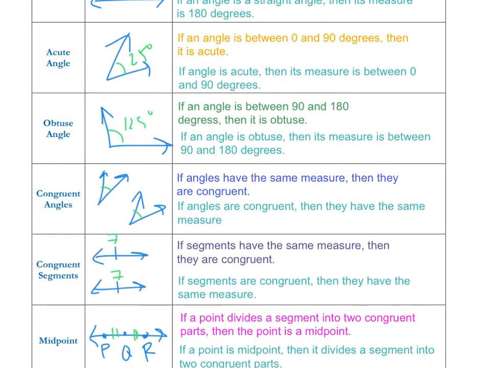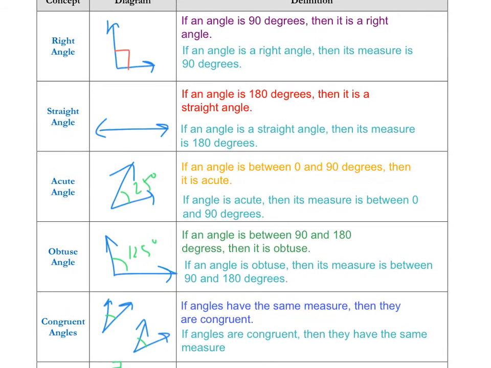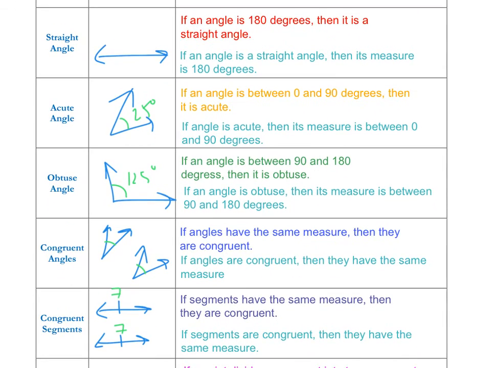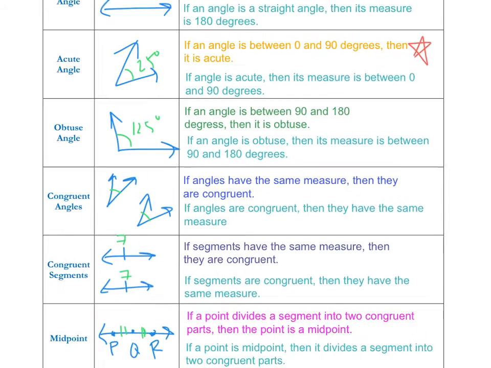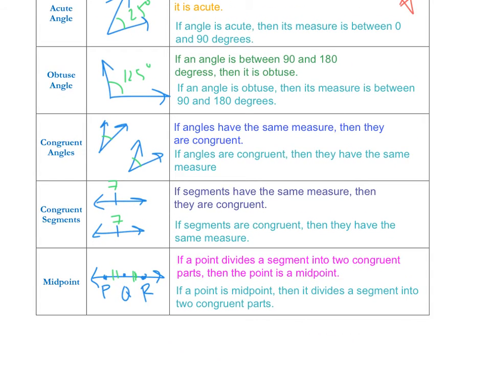If you go back to here, is there a definition that we can use knowing that an angle is 70 degrees? Can we prove that it's acute? Well, we can. If we go to this statement right here, if an angle is between 0 and 90 degrees, then it is acute. On this page, if angles have the same measure, then they are congruent.